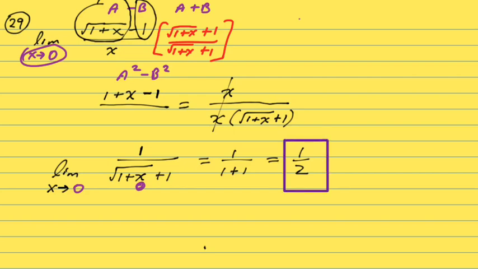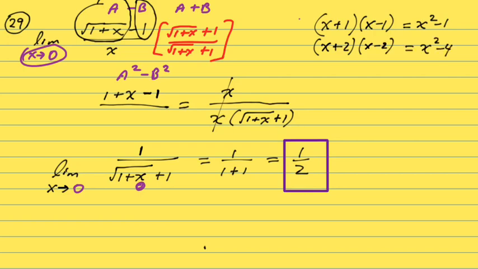What's the little red part? If you happen to have x plus 2 times x minus 2, you'd get x squared minus 4, the difference of squares. In general, you have a plus b times a minus b, which becomes a squared minus b squared.